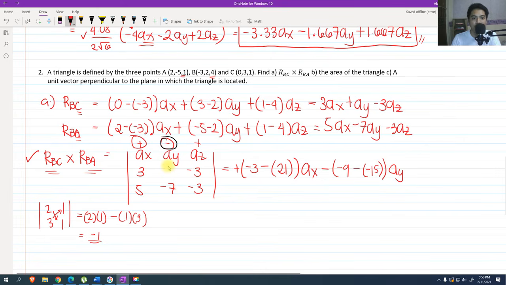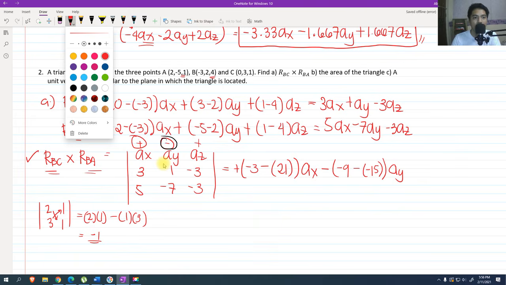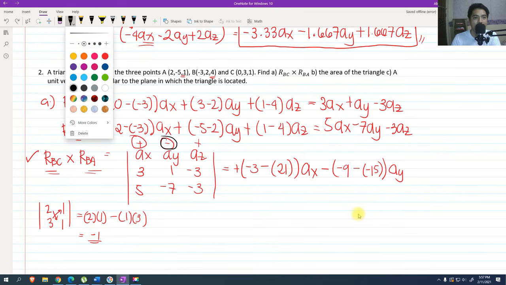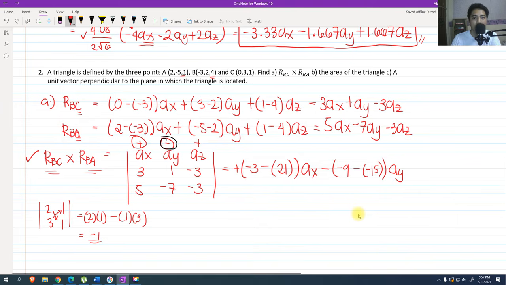So how do we get the A sub z? As if we are going to treat this A sub x as nothing, and then get the determinant of these 2. And of course, don't forget that the sign convention now should be plus. So we have plus here. Plus, so we get the product of this.